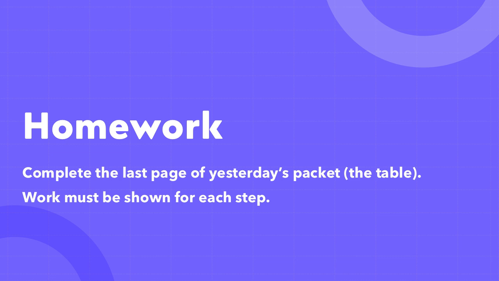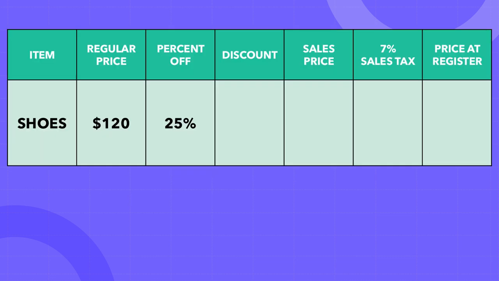Okay? So let's do the shoes. All right? So the second row is the shoes. And it says the regular price is $120 and it is 25% off. And the first thing we're being asked to find is the discount.